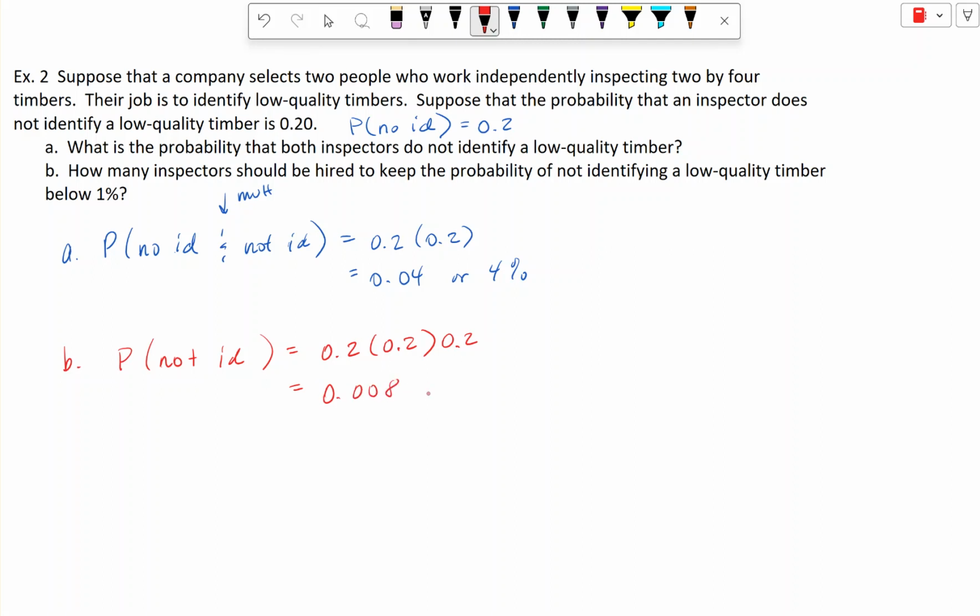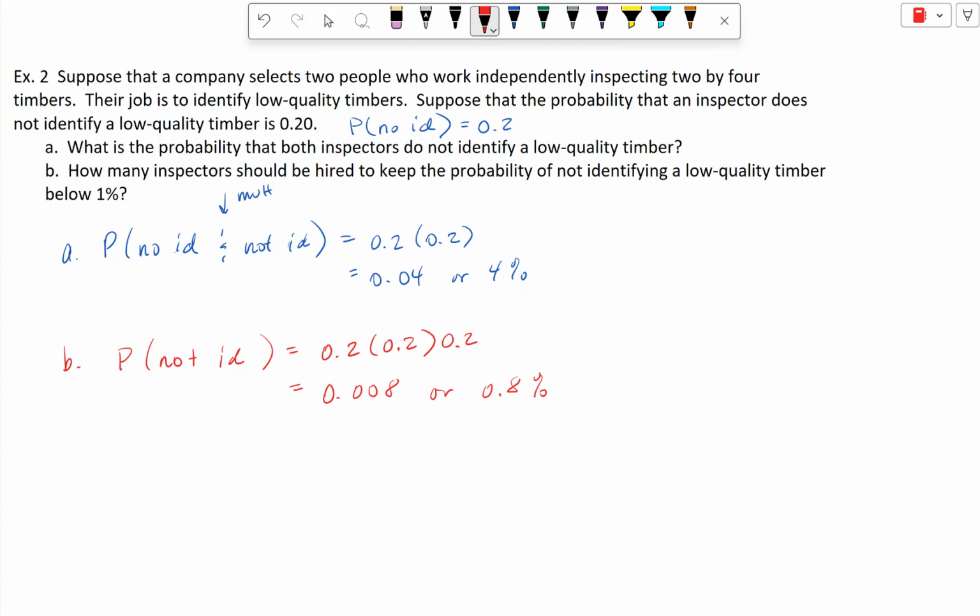If I change that to a percent, that's 0.8%. So it's a less than 1% chance if I have 3 inspectors that they will not identify low quality timber.